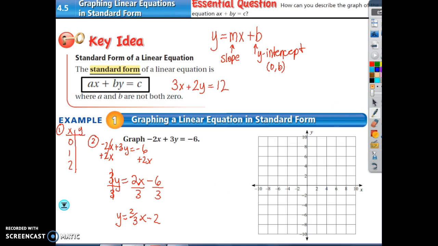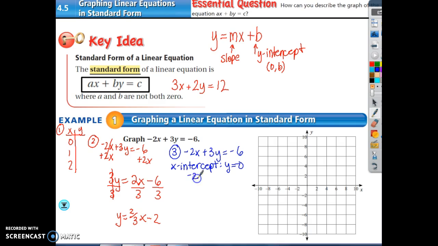A third option, however, would be to use intercepts to graph. So if my equation is negative 2x plus 3y is equal to negative 6, I can find the intercepts fairly easily. If I want to find the x-intercept of this equation, all I'm going to do is let y equal 0.